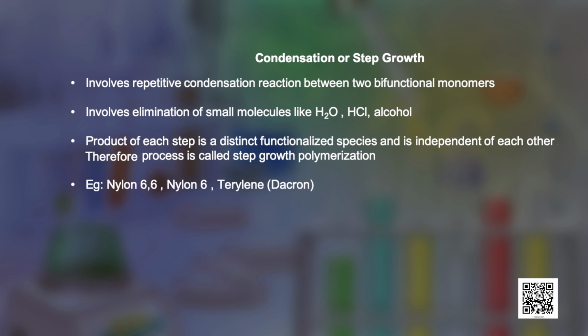As shown here, the reaction of ethylene glycol and terephthalic acid to form terylene is an example of this type of polymerization. But in order to understand the chemistry of various reactions, it is important to learn about their mechanisms, and we will now talk about free radical mechanism.